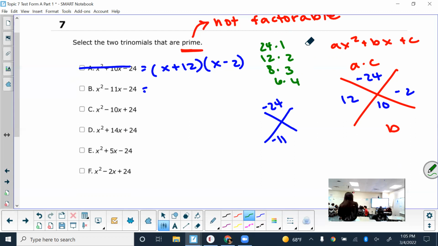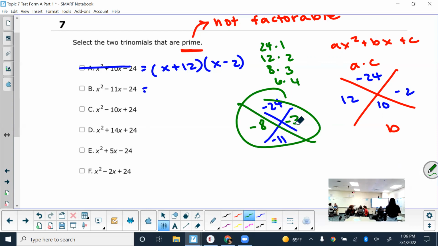No, I don't think so. It looks like 8 and 3 could work, but they would both have to be negative to add to the bottom. And there's just no way you'll get a negative when you multiply. It would be positive. So this one does not work. So that's why B is prime.